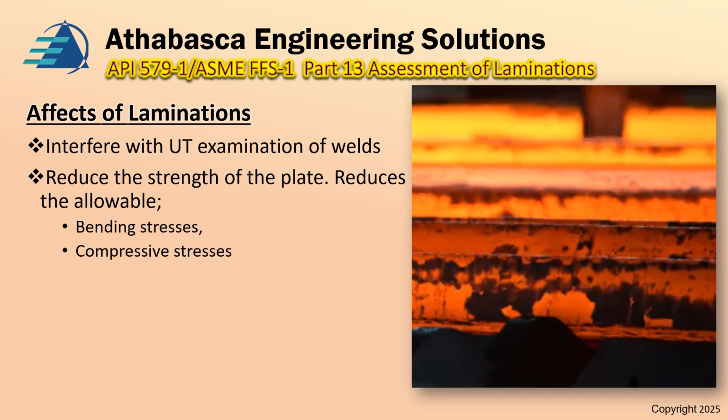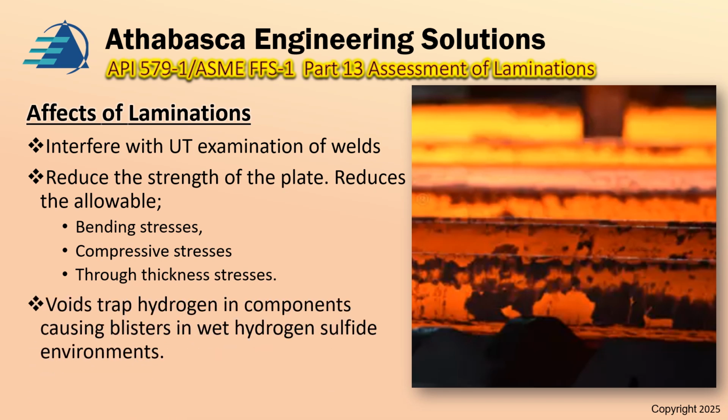It can reduce the allowable compressive stresses, and it can reduce the through thickness stresses because the plate is no longer fused together for the additional strength, so it can weaken the allowable stress of the part. So the voids can trap hydrogen, free hydrogen that can migrate into the components, causing blistering in wet hydrogen sulfide service environments.